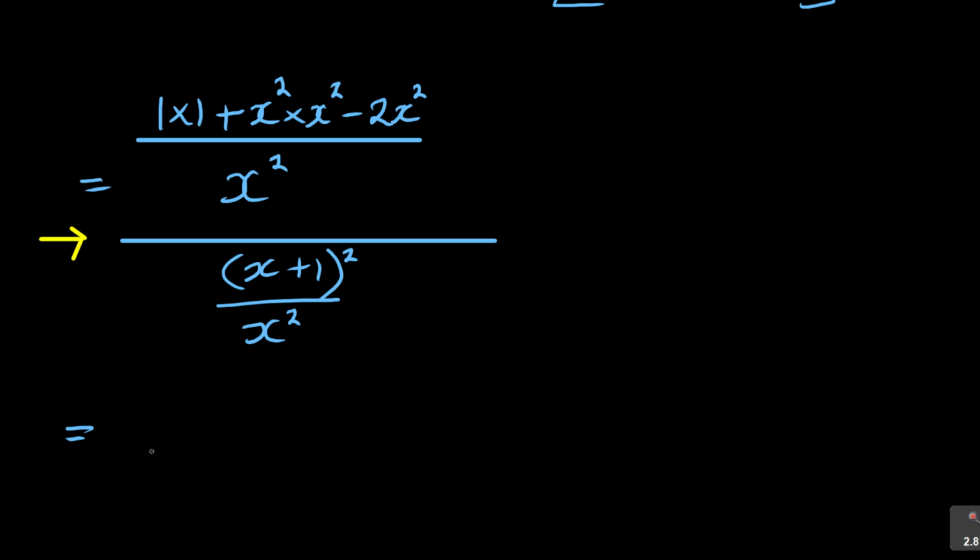So what do I have here? It's 1 times x squared times x squared. Remember, x to the power 2 times, you add there to say 1 plus x to the power of 4. Remember the laws of exponents. First law, same base, 2 plus 2 is 4, right? Minus 2x squared over x squared.